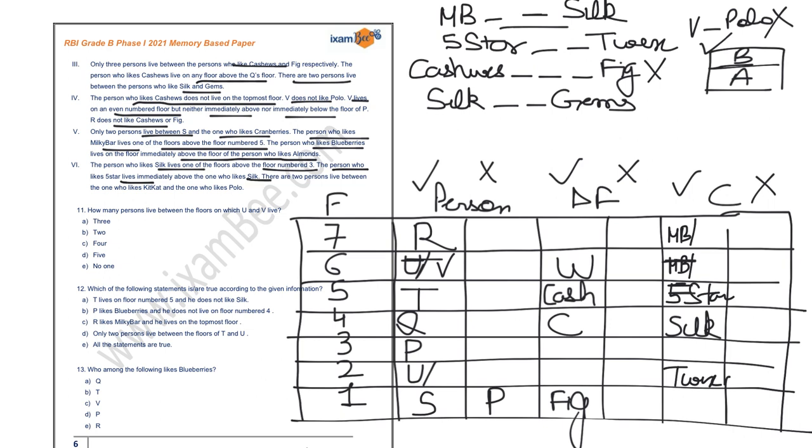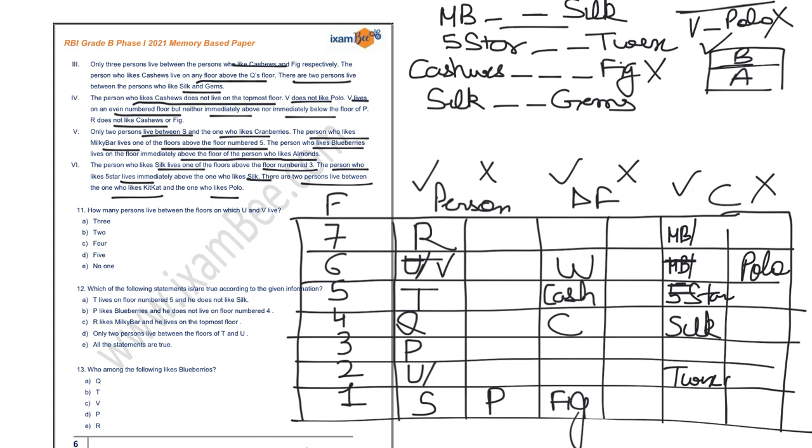Now it is given to you that two persons live between the one who likes Kit Kat and the one who likes Polo. You know that V does not like Polo, so I can't place Polo over here. So the only possibility for Polo is at either the first or third floor, and there are two persons between the one who likes Kit Kat and Polo.